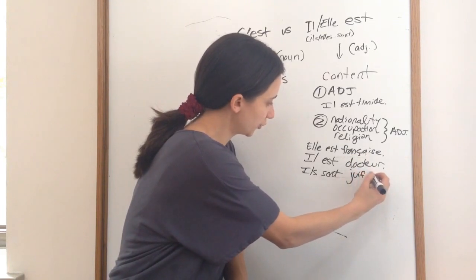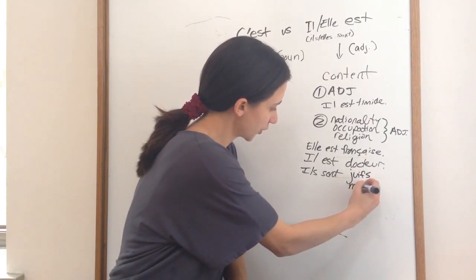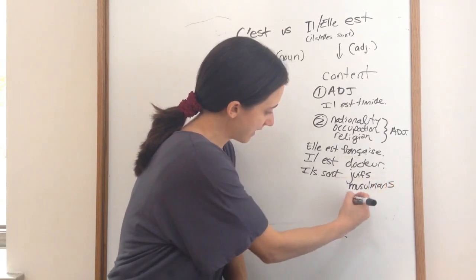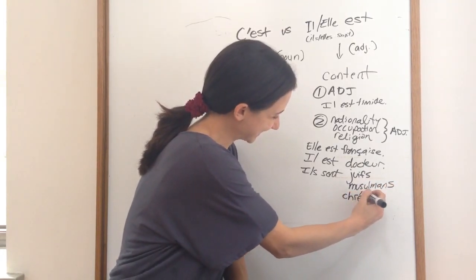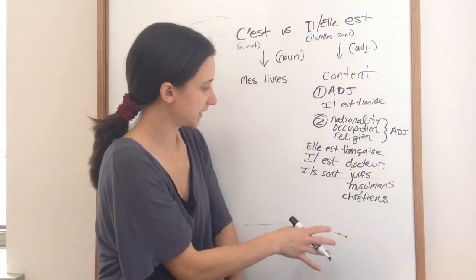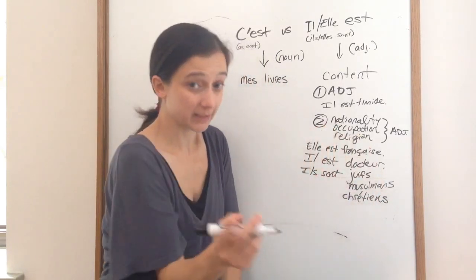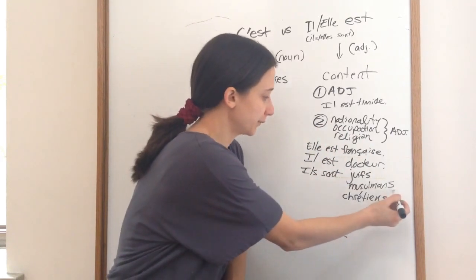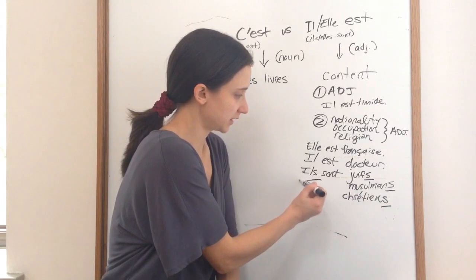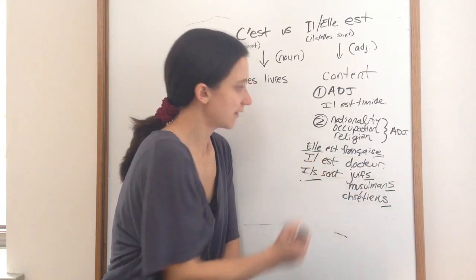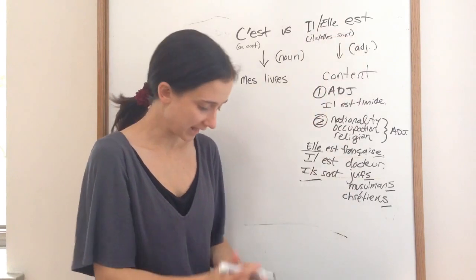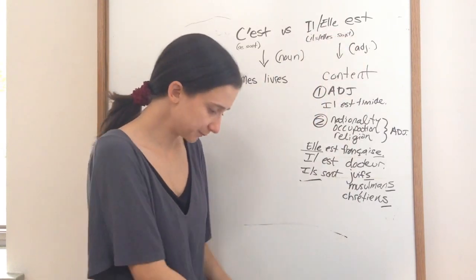We got juif, musulman, and chrétien. Okay, here are some examples. And like we mentioned, these are being treated as adjectives, so these are plural because these are plural. This is feminine because that is feminine. So those are the two main rules for il est and elle est or ils sont, elles sont.